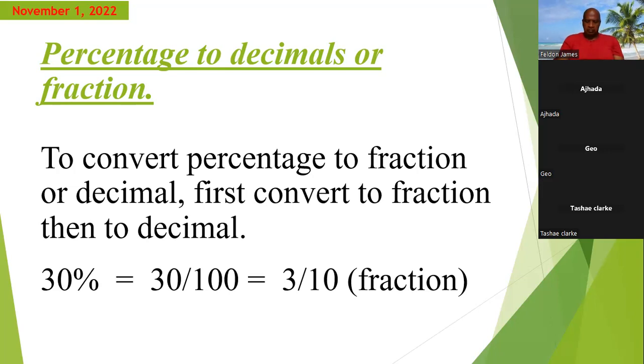Converting 30 over 100, or the simplified fraction here, 3 over 10, how do we convert that?